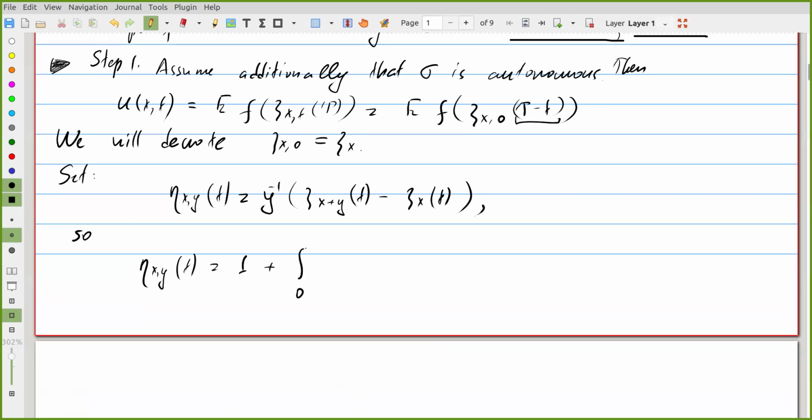Here I can now write from 0 to t safely dW_s eta x y of s integral from 0 to 1 du, and here stands sigma prime psi x of s plus u y eta x y of s. You can check that.